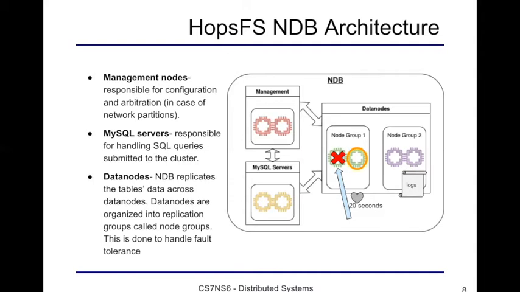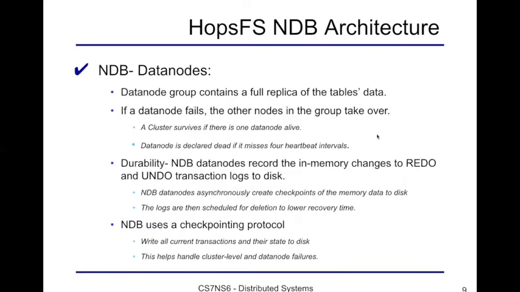So this provides a global checkpointing protocol to write all ongoing transactions and their states to disk to survive cluster-level and data node failures. So these are all the points we just discussed in regard to data nodes and fault tolerance, and you can go through this.